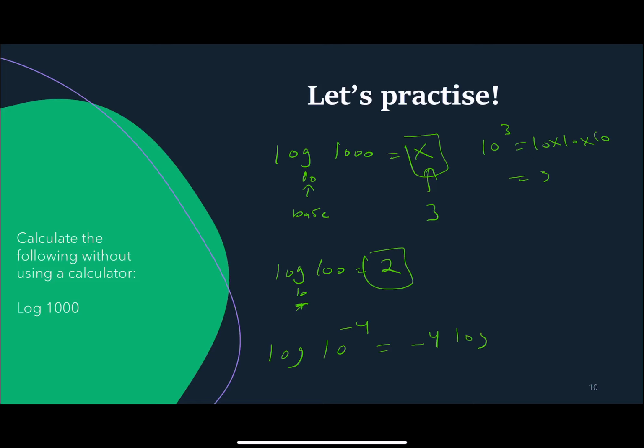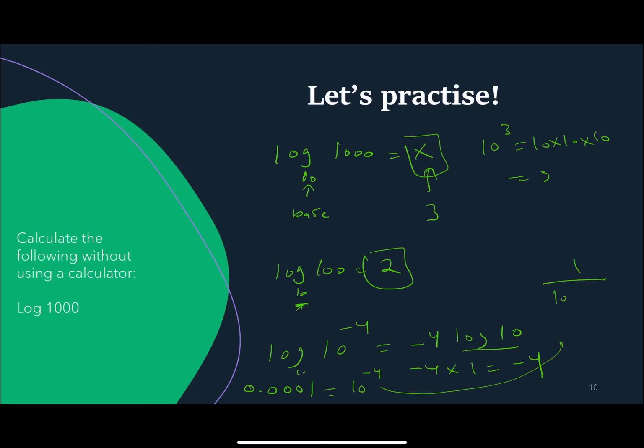So this is how you can imagine it. If I say log 10 to the minus 4, then we said you can convert it in the form of minus 4 log 10, and then minus 4 by log 10, which is 1, gives minus 4.